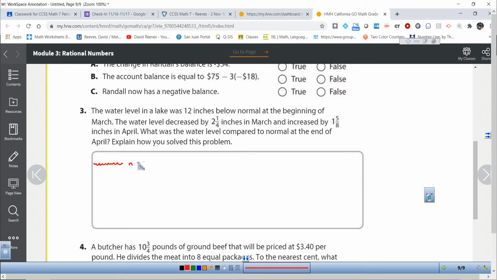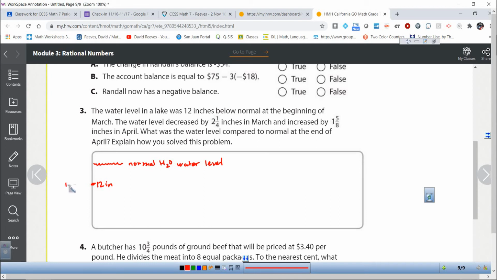So this is going to symbolize the normal water level. Okay, and I'm going to put H2O for water.